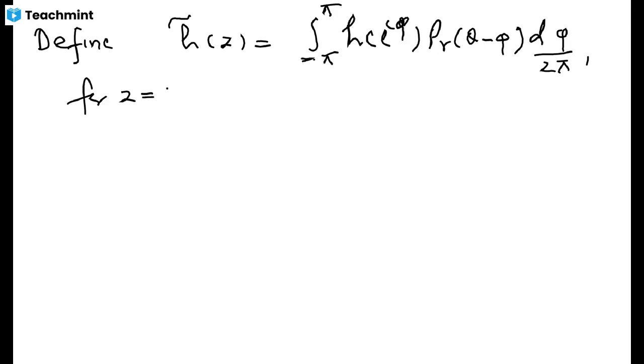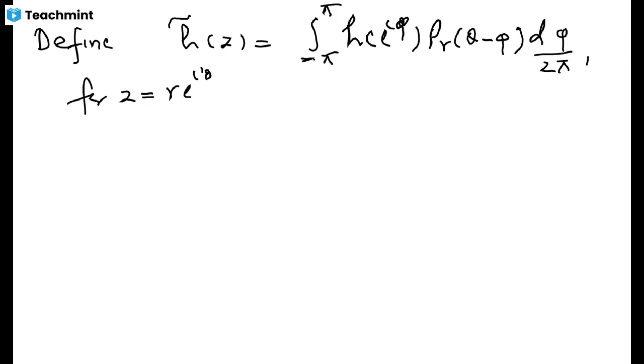Here h is a given function on the unit circle. It is not theta, e^{i phi} I am taking. So one thing is clear: h is continuous, and P_r being harmonic is continuous. So this integral is well defined and the integral of this function exists.